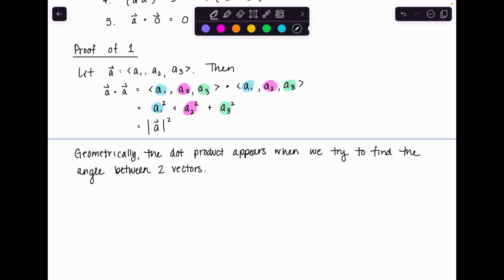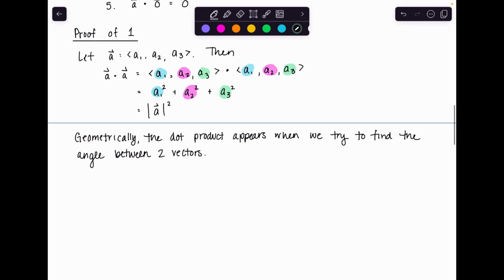So maybe in your pre-calc class or trig class you saw this. It really just depends on if you had time to go over it. But we're actually going to derive where the formula for the angle between two vectors comes from.